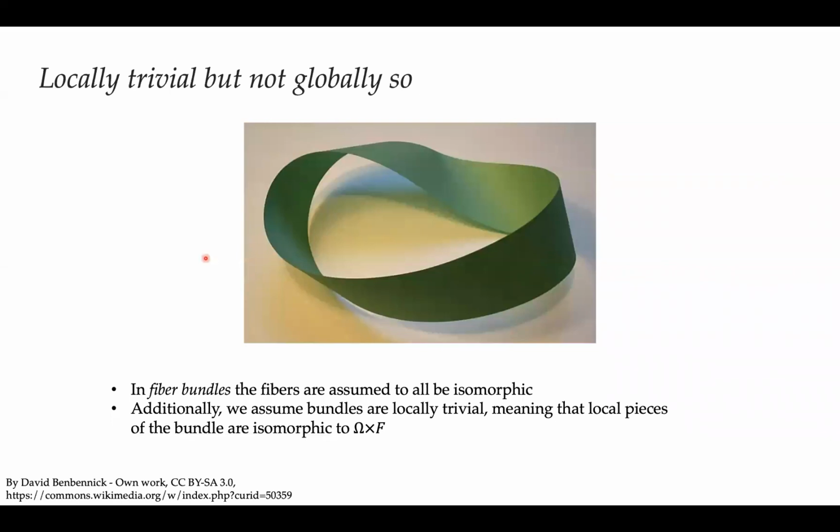We could form in this way a cylinder, which would be called a trivial bundle. It's just, topologically speaking, a product of the base space and the fiber. But this Möbius strip you see is not the same as a cylinder, even though it has the same base and the same fiber. So it's glued together in a different way.